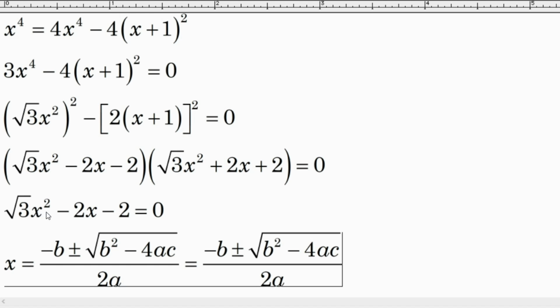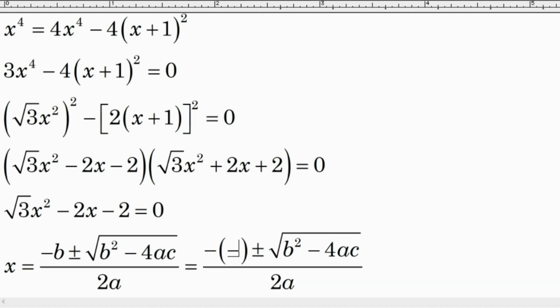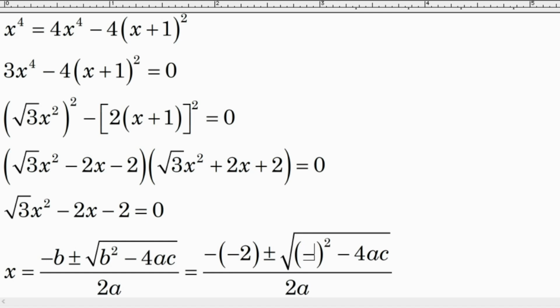So then we can substitute the values of it. Here we have a equal to square root of 3 and b equal to minus 2, and c is also minus 2. So we substitute minus 2 for b, minus 2 squared, and multiply with 4a. So a is square root of 3, and then times c, which is equal to minus 2.